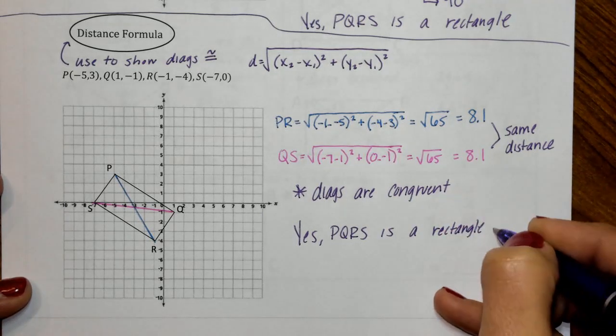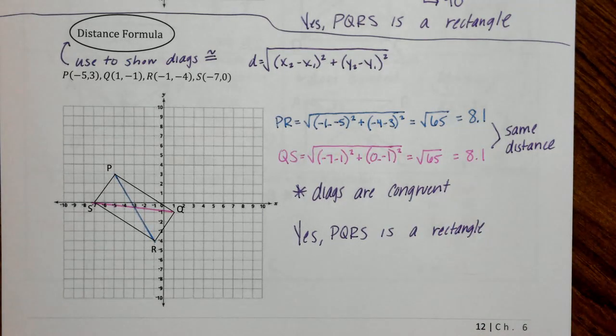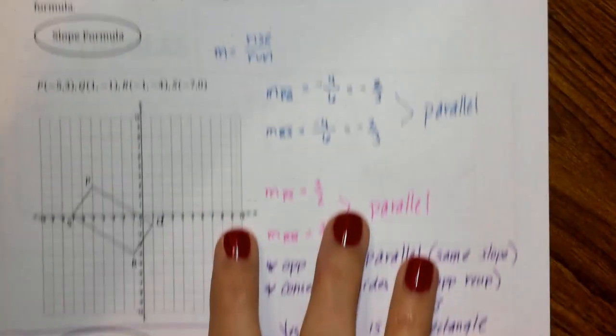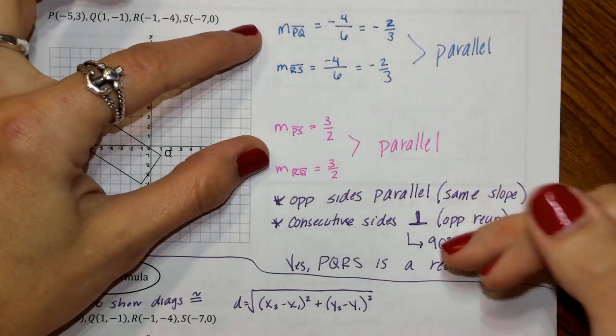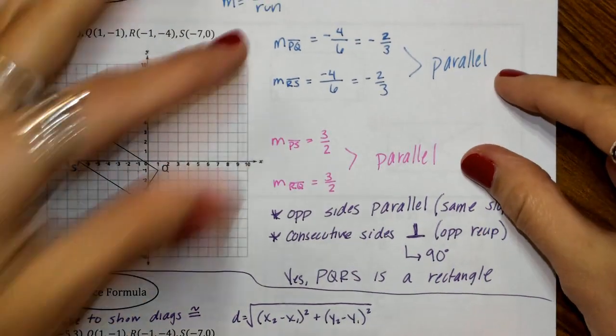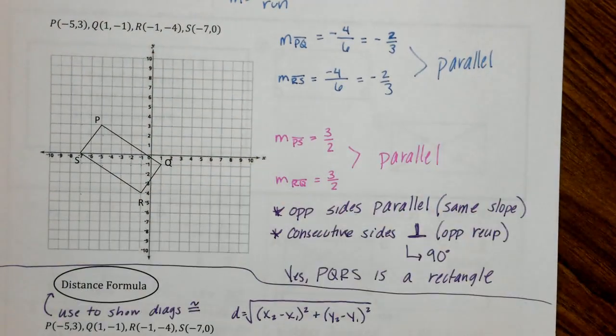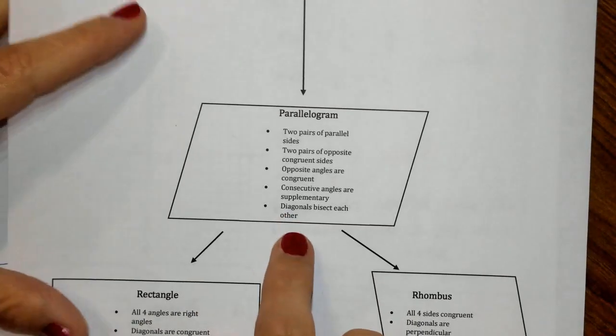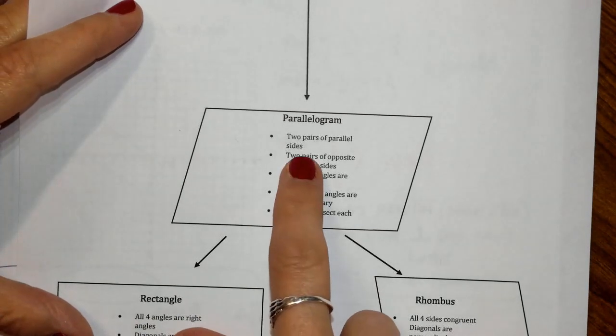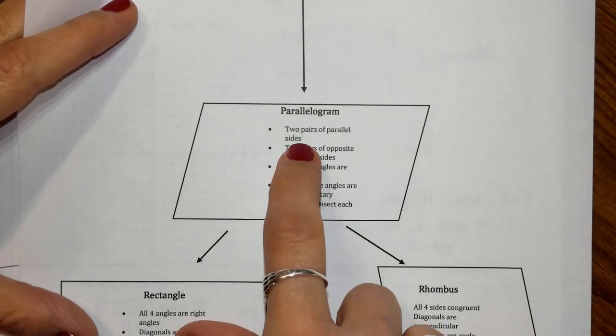Proving rectangles on a coordinate grid is not the most fun, but we do have to do this, okay? So just remember that we cannot just use proving opposite sides are parallel like we did up here. We had to then take an additional step. Saying they're parallel just means it's a parallelogram, okay? Again, back to the flow chart, okay? Here we have opposite sides are parallel. That's just a parallelogram.